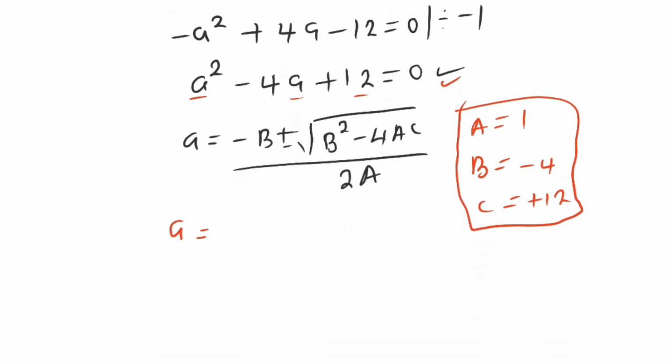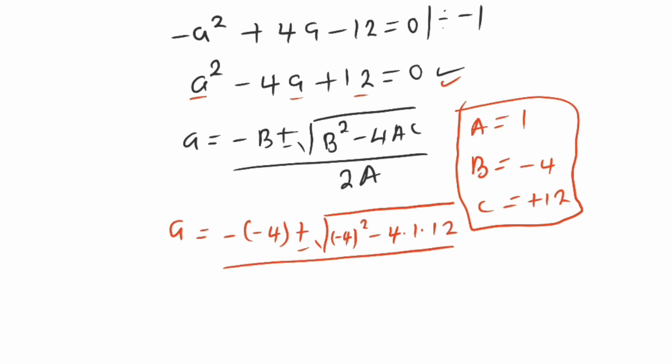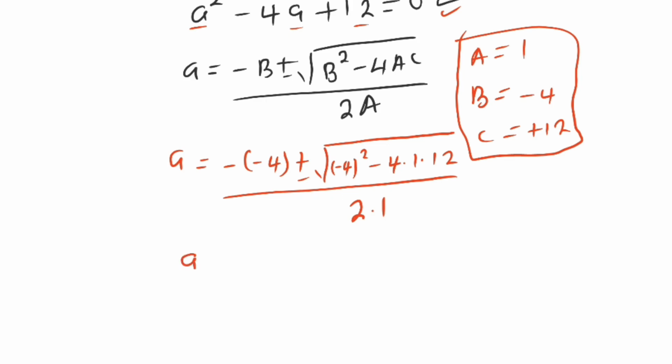Then A is equal to minus bracket minus 4 plus or minus square root of minus 4 square minus 4 multiplied by A, 1, multiplied by C, 12, over 2 multiplied by 1. A is equal to minus times minus 4, this is 4, plus or minus square root of minus 4 square, that is 16, minus 4 multiplied by 1 multiplied by 12, that is 48, over 2 multiplied by 1, 2.